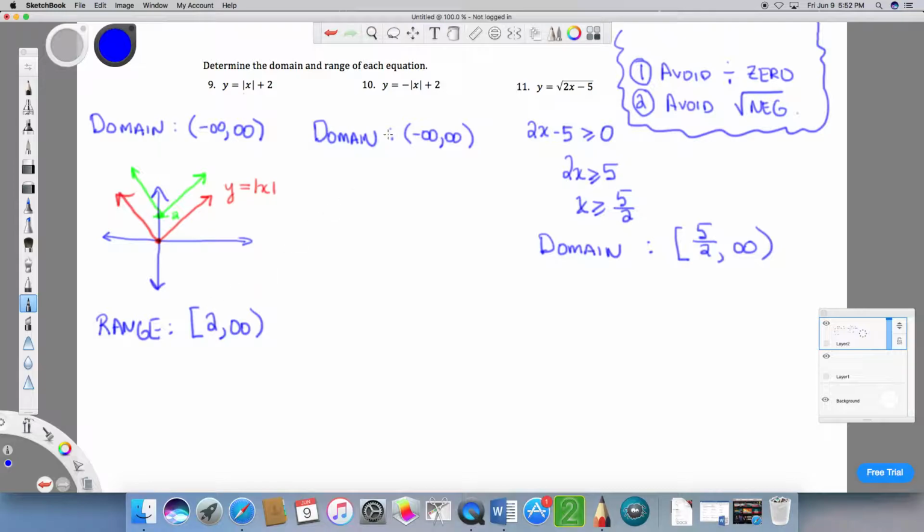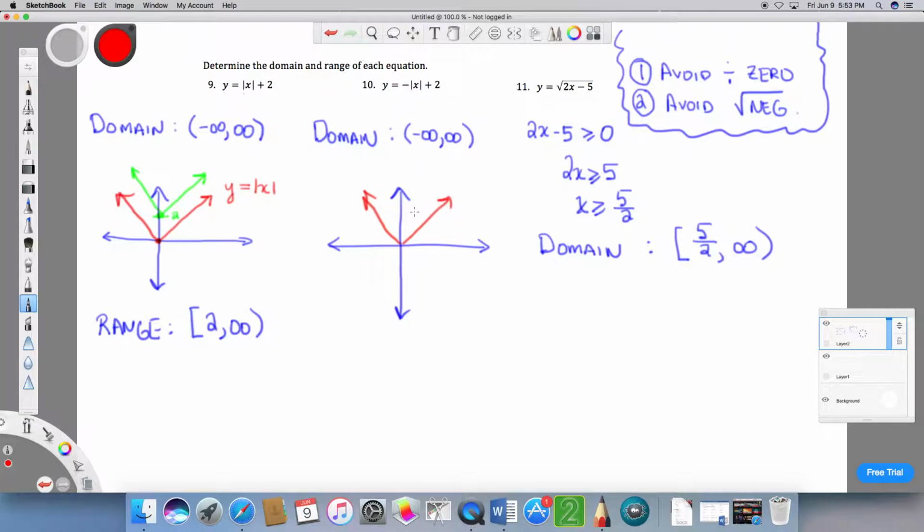Now, let's take a look at number 10. Look how similar it is to number 9. We already know that the absolute value of x is a V shape centered at the origin with its vertex at the origin. And this negative sign is going to take the opposite of these y values.